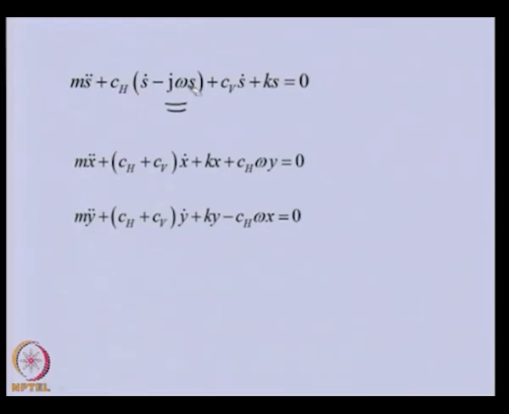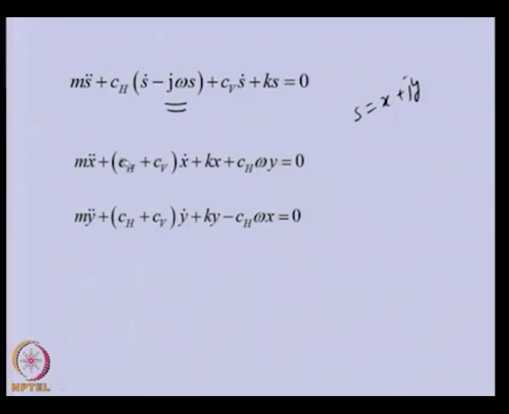Now, we can take the real part and the imaginary part of this to get these two equations, because we defined S equal to x plus jy. This is the equation of motion in the x direction, and this is in the y direction.